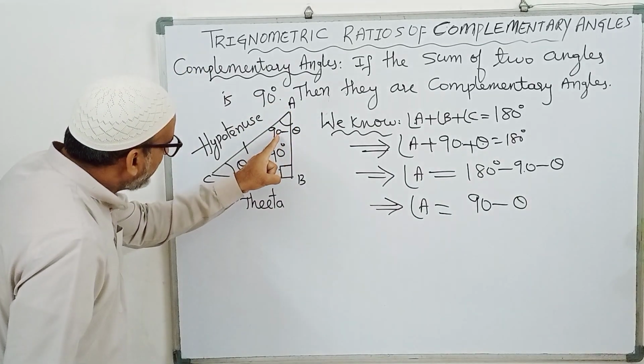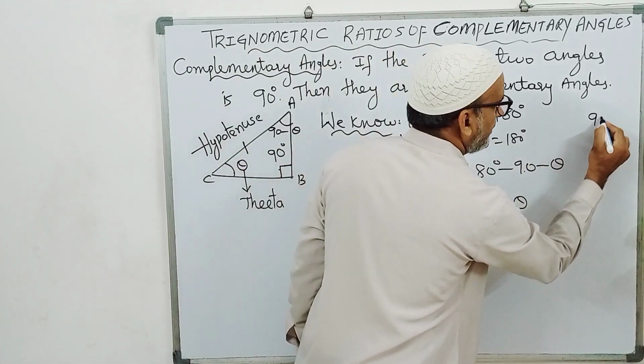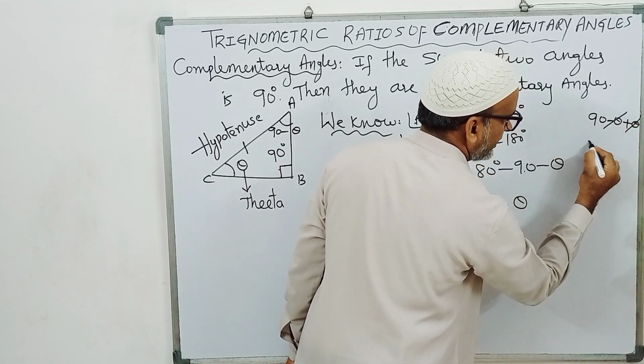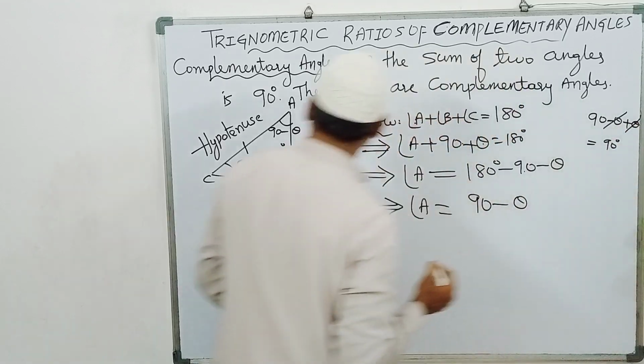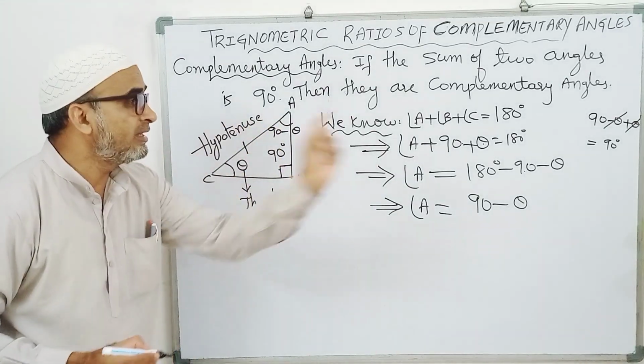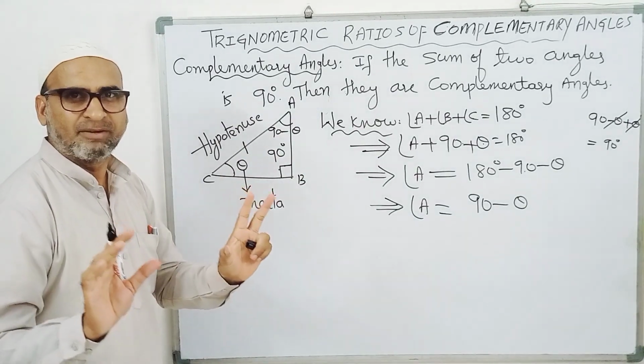Now if you add these two angles, 90 minus theta plus theta, minus theta plus theta cancel, and the sum is equal to 90 degrees. These are the complementary angles. That is the meaning. Okay.